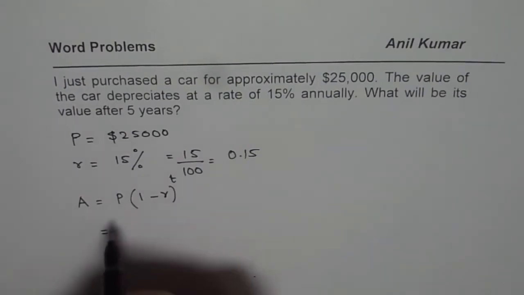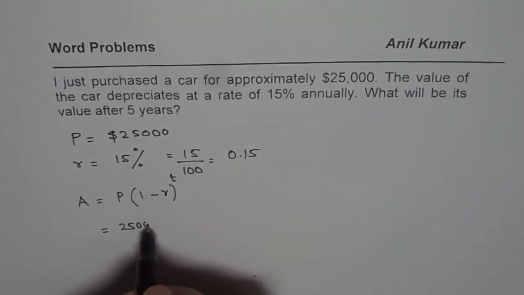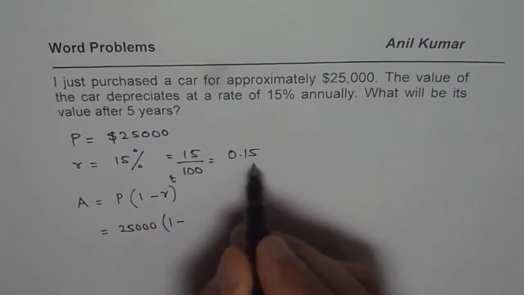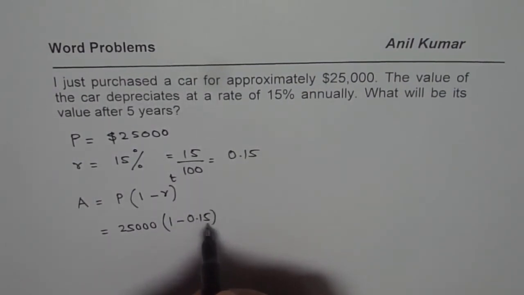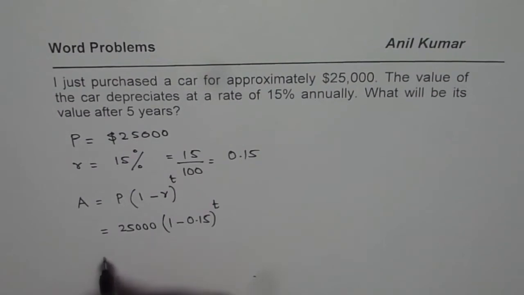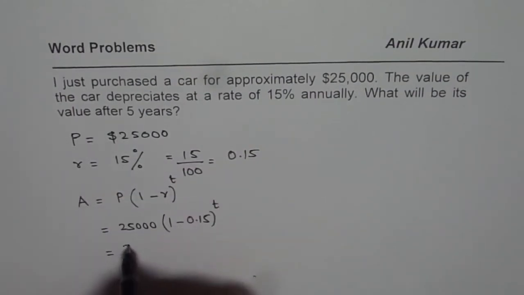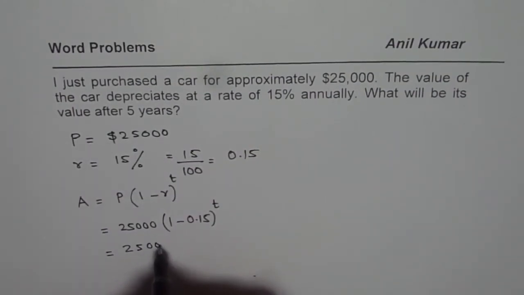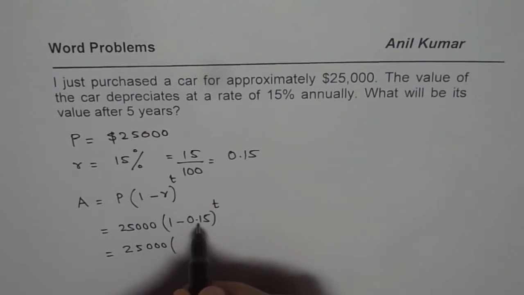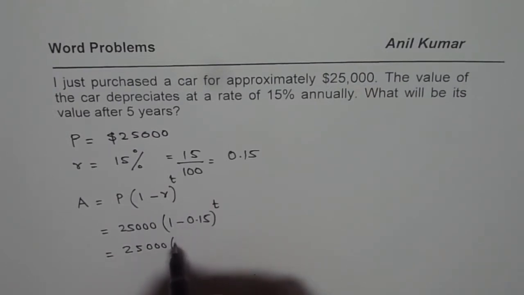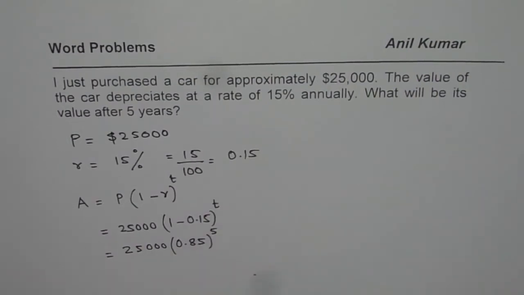Applying this formula, we get the solution as P, we know is 25,000, times 1 minus 0.15 to the power of t, right? Now to solve this, we know t is 5 years, so we'll need a calculator. 25,000 times 1 minus 0.15 gives me 0.85 to the power of 5, correct?